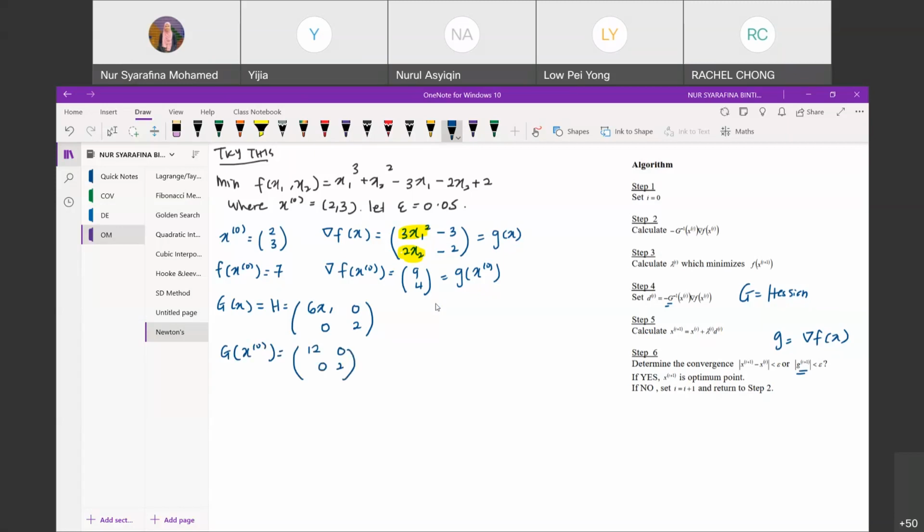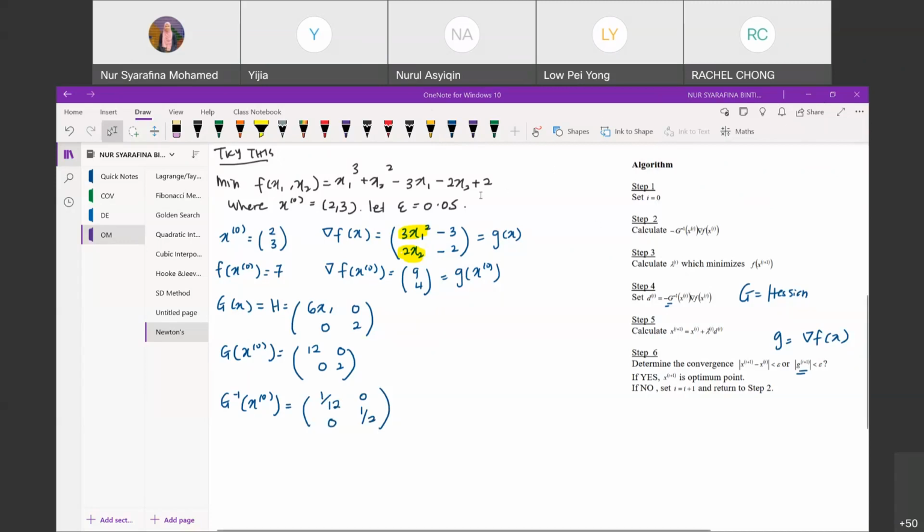And G inverse at x naught equals to what? 1 over 12, 0, 0, 1 over 2. Anyone has a problem until this point? What we have done just now is collecting all the information used in this algorithm first.